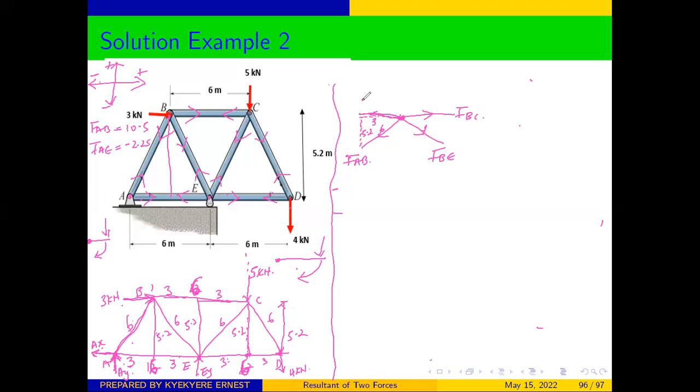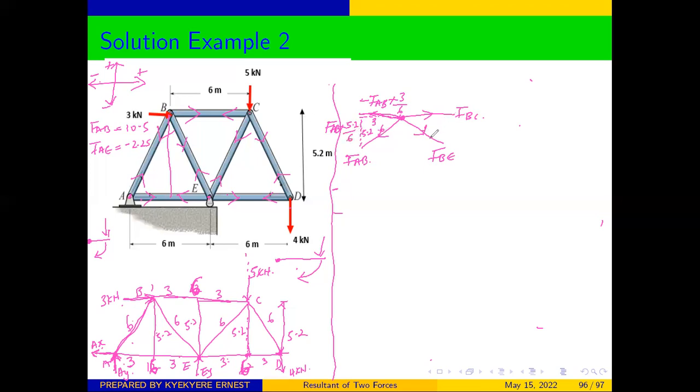Our force is therefore going to be negative FAB times the horizontal distance, 3, over the hypotenuse, 6. We can also do that for the vertical. The vertical distance is 5.2, which will give us FAB times the vertical distance, 5.2, over the hypotenuse, which is 6.